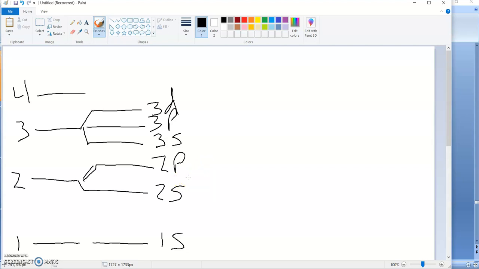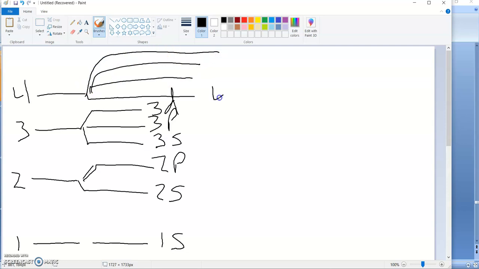Now, up here in level 4, you'll notice I didn't give myself a whole lot of room here, so I'm going to put them over here. 4s, 4p, 4d, and 4f. Okay?